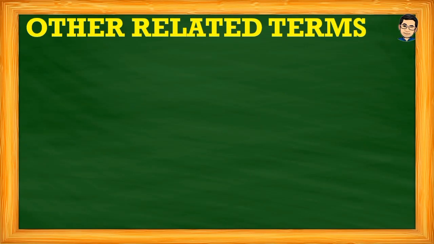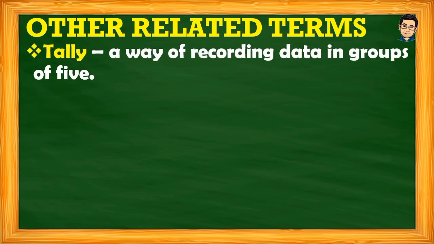There are other related terms that we need to consider. First, tally, a way of recording data in groups of 5. Ang tally na yan, kadalasan po natin yan nakikita sa mga eleksyon kapag nagkakaroon na ng bilangan, and pwede rin sa mga tournament like basketball, volleyball. Ano ba yung tally?